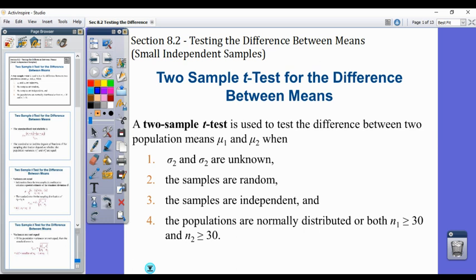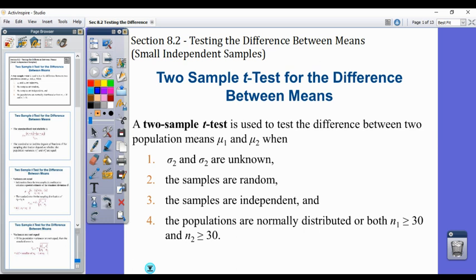So what you want to make sure that you know is you don't know your population standard deviation, okay? Your samples need to be random. They also need to be independent.